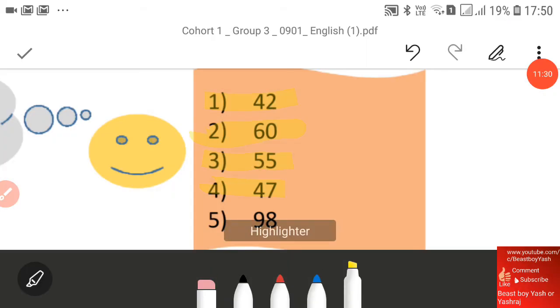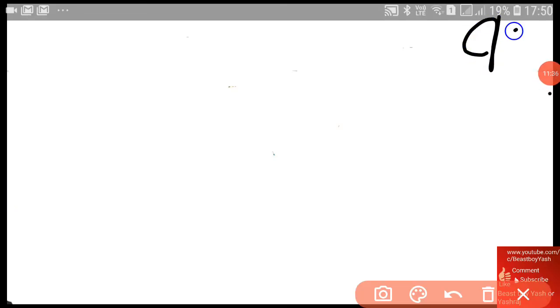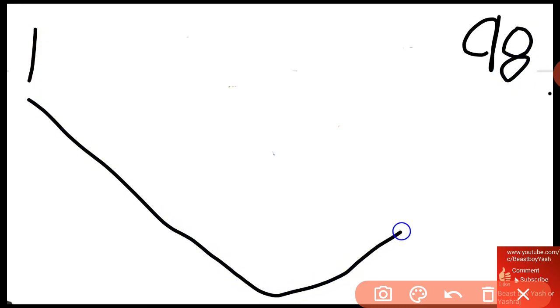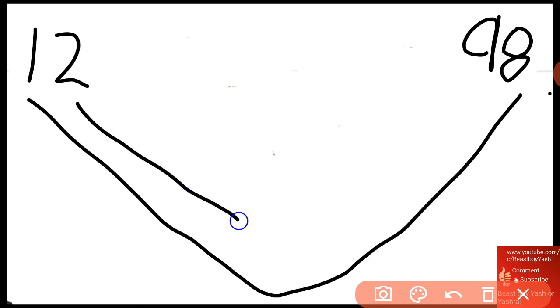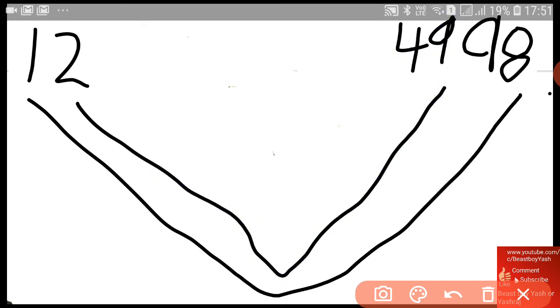So 98. Let's solve. There we will write 98. There we will write 1. What multiplied by 98 is equal to 98? And 2 multiplied by 49 is equal to 98.